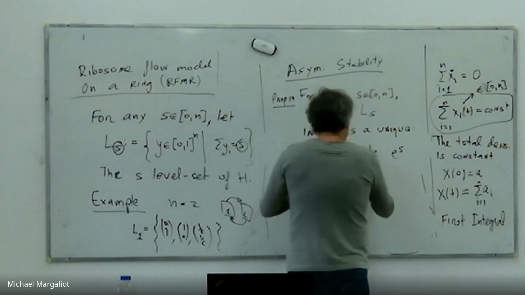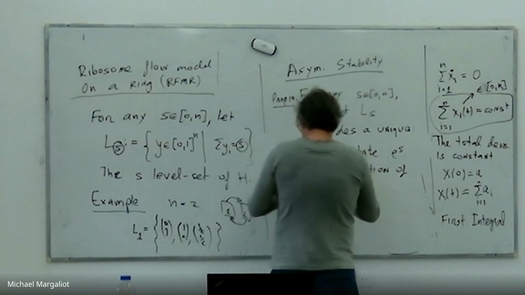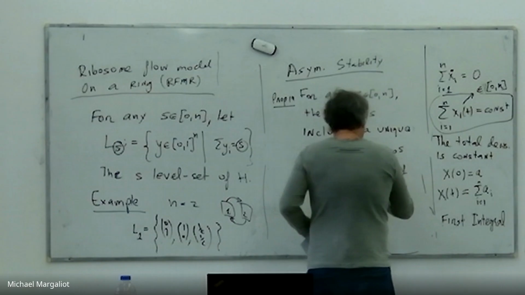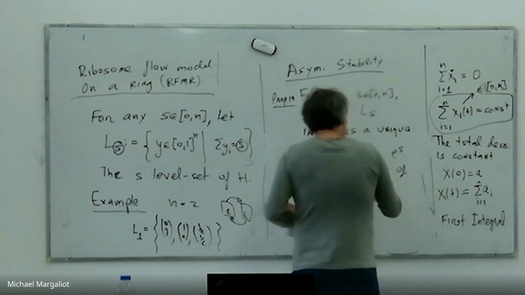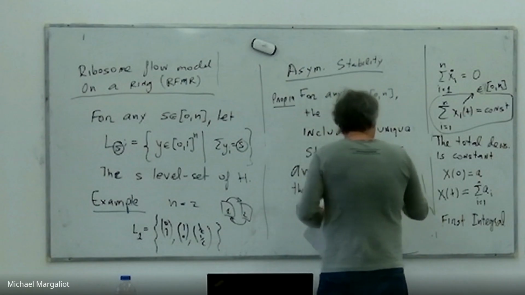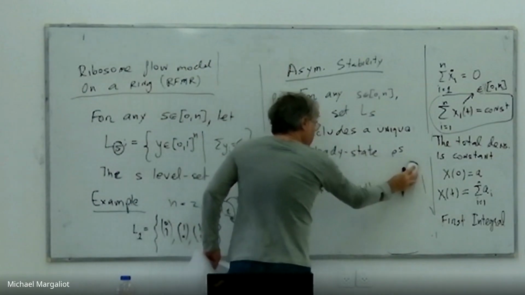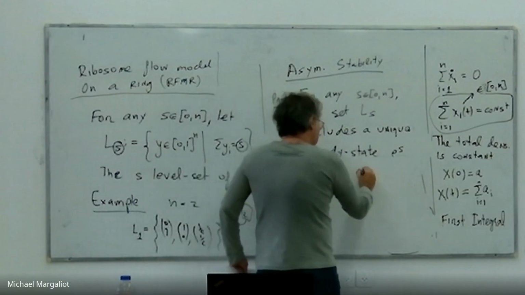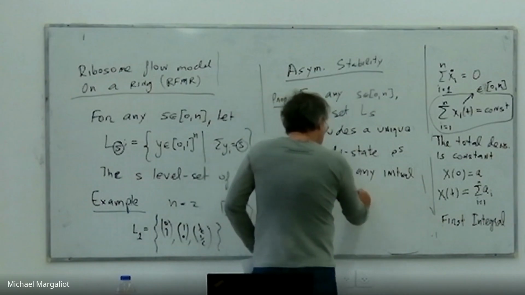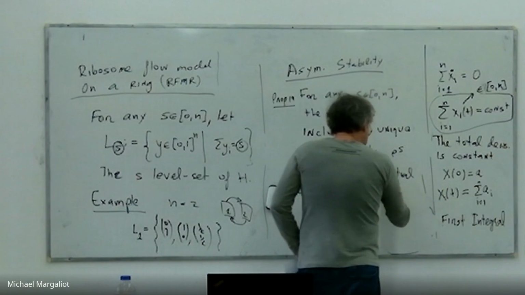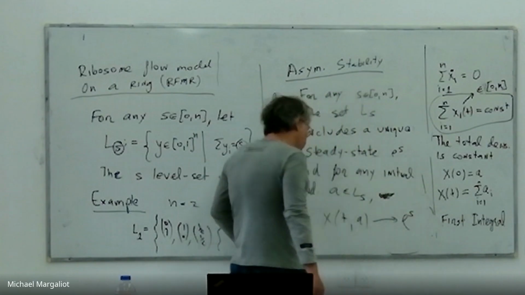And any solution of the RFMR, for any initial condition A on LS, converges to ES.